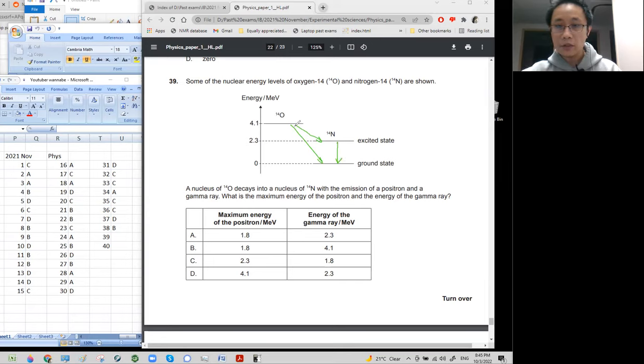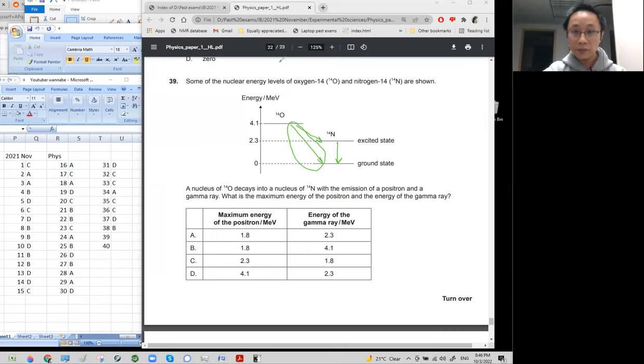And it's possible that the positron takes all the decay energy, because this decay energy of 4.1 MeV has to be shared by the positron, the daughter nuclei, and also the neutrino. But with 3 particles sharing energy while obeying conservation of only 2 quantities, namely kinetic energy and momentum, the 3 particles can share energy in many different ways to allow conservation of momentum to also be obeyed.